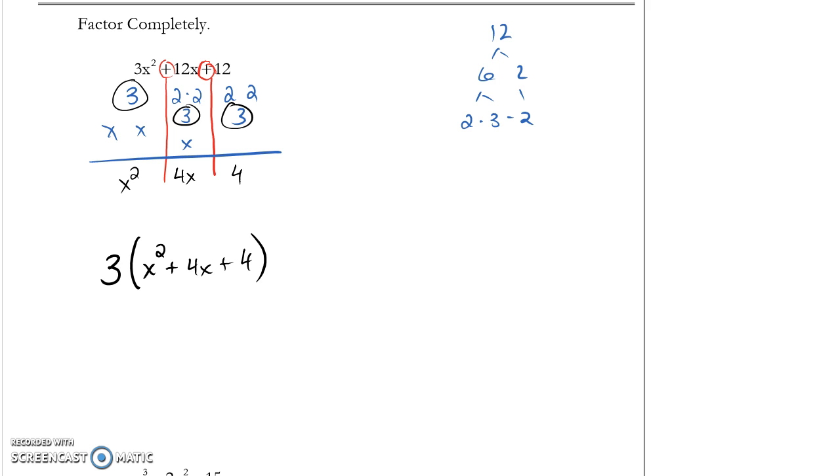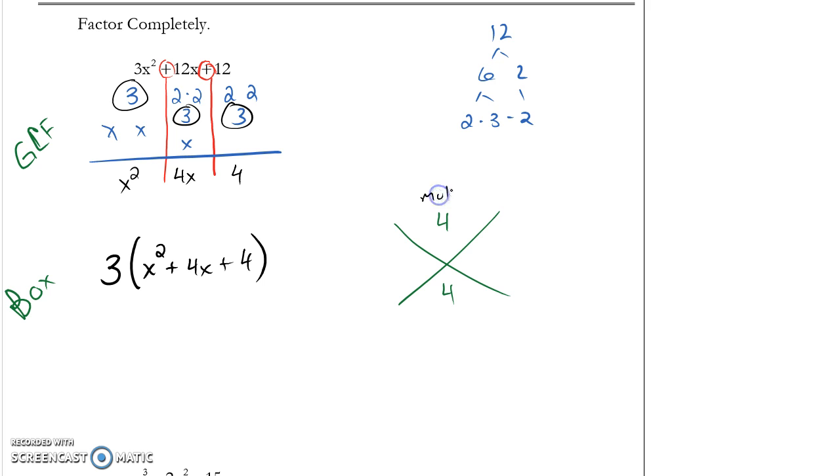Now that we know what to do when we have standard form with a leading coefficient of 1, I now have to do a box problem. So I started with a greatest common factor, and now I'm going to do a box problem. 4 is my constant, that goes on top. 4 is also my coefficient of x, my b, that goes on the bottom.